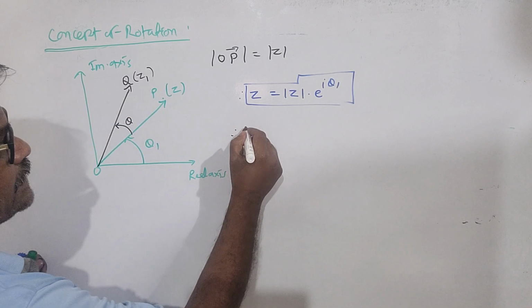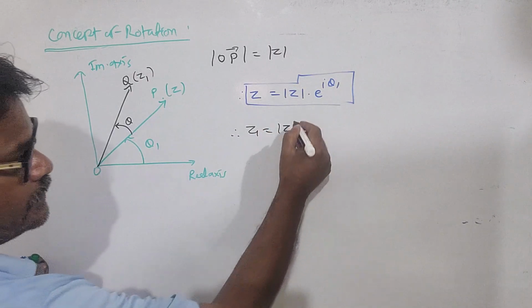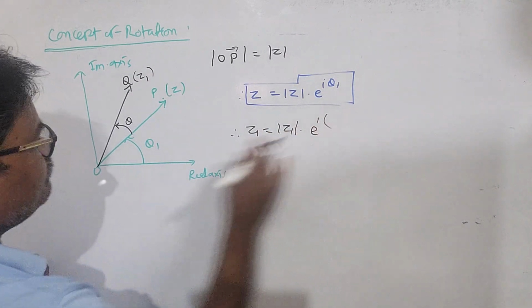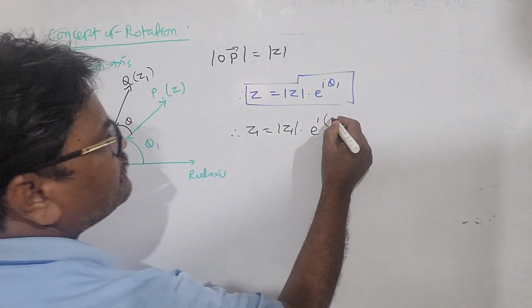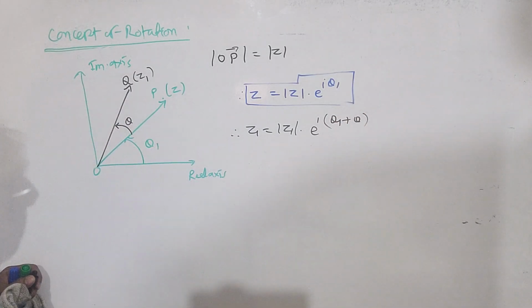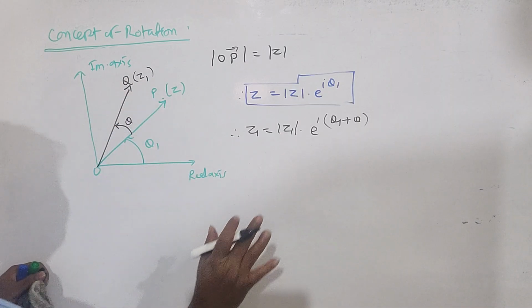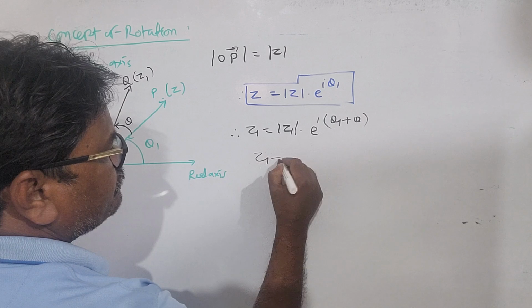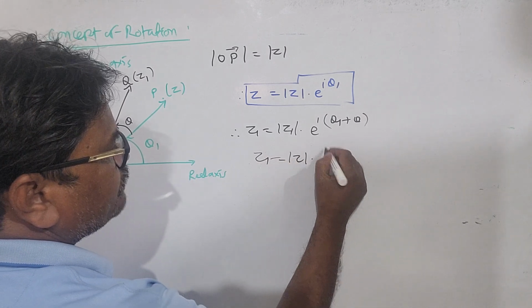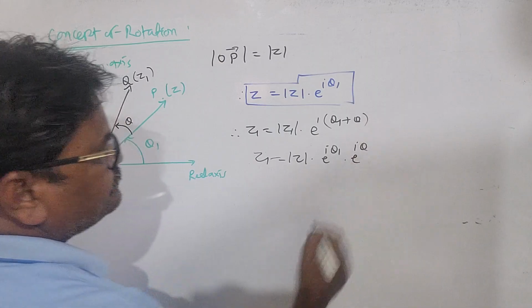So I can write Z1 equal to modulus of Z1 into e to the power, and the argument is theta 1 plus theta. And if the modulus of Z1 and modulus of Z are the same, I can write Z1 equal to modulus of Z into e to the power iota theta 1 into e to the power iota theta.